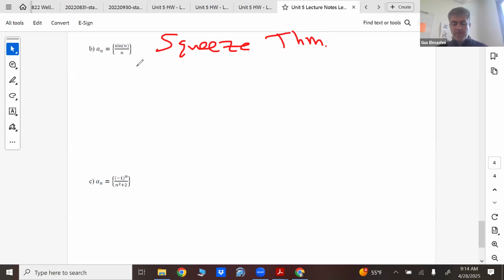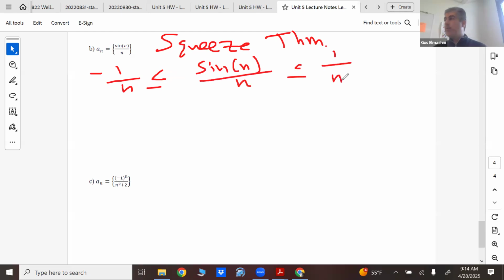Oh, also for the approach to infinity, you're right. Yes, it is 0. You are correct, but we'll just do this anyway. We know this to be true, right? How do I know that to be true? What's the range for sine? Negative 1 to 1, right? That's because we know this to be true.